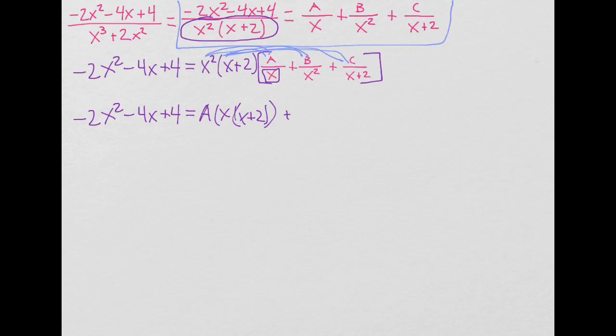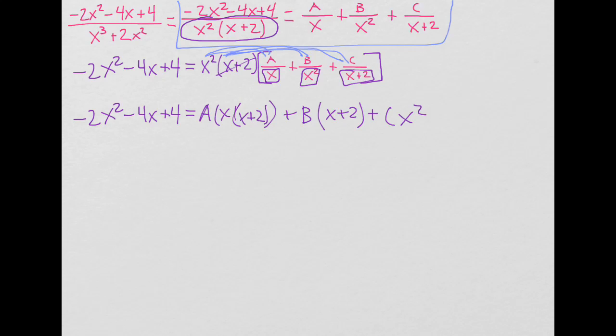And then we'll get plus b times, notice now x squared is going to cancel out, and we will be left with x plus 2. And then finally plus c, and now notice x plus 2 is going to eliminate with x plus 2, and so we'll be left with c times x squared.